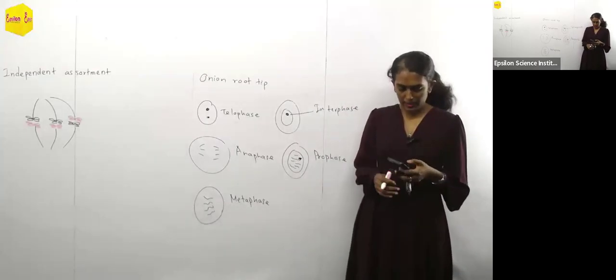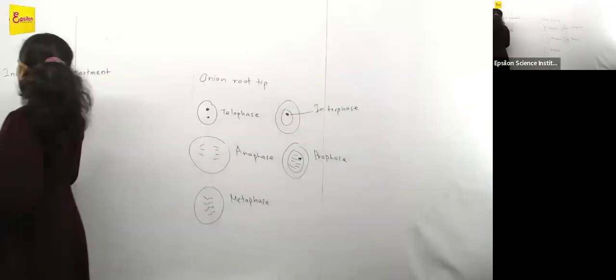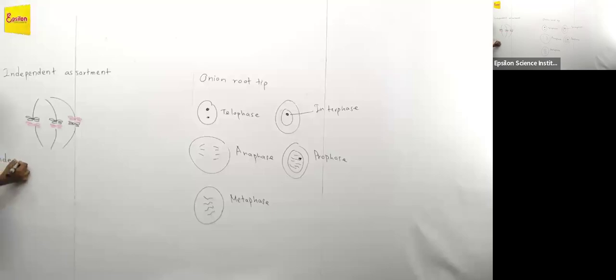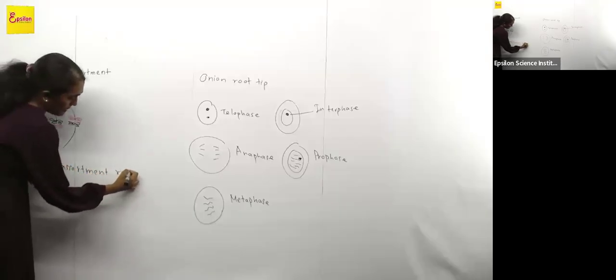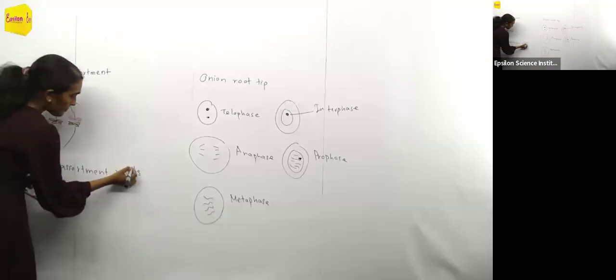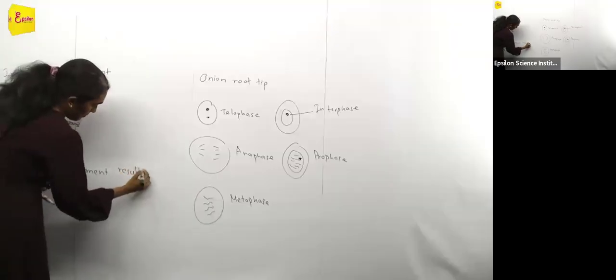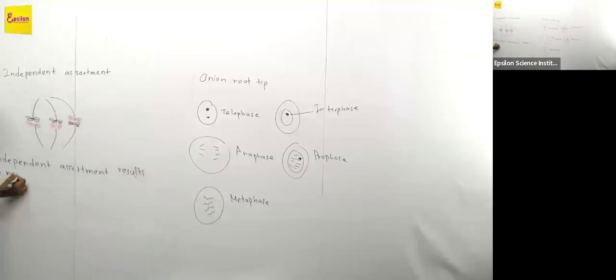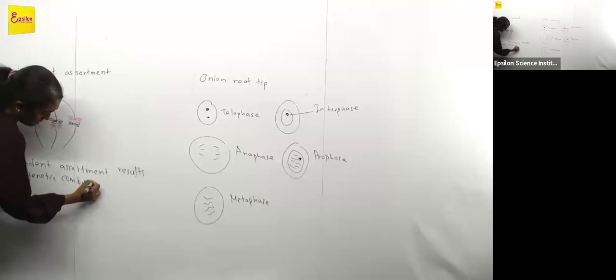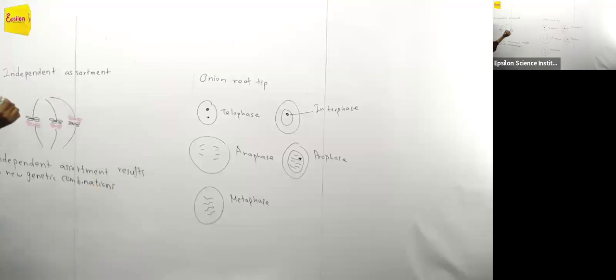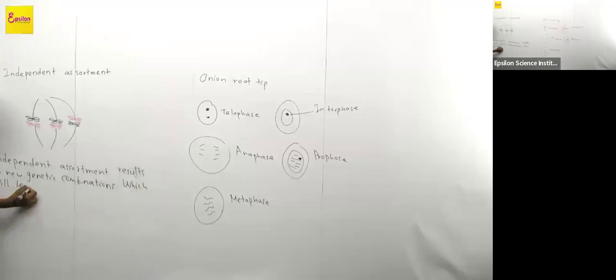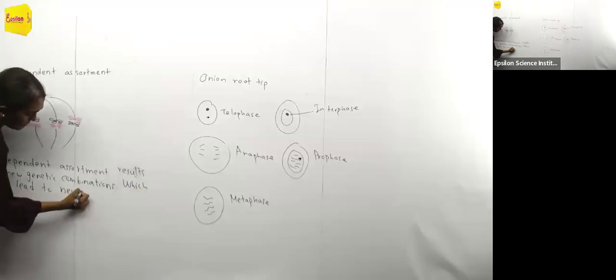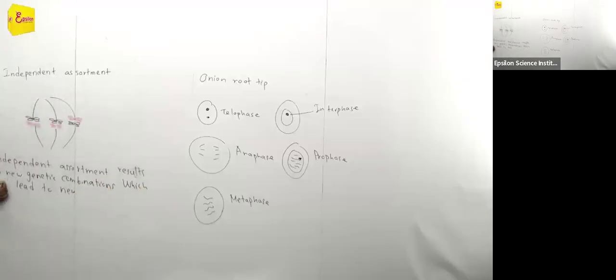Describe how independent assortment results in genetic variation. You can say that independent assortment results in new genetic combinations, which will lead to new genetic variations, which, let's say, it may or may not.